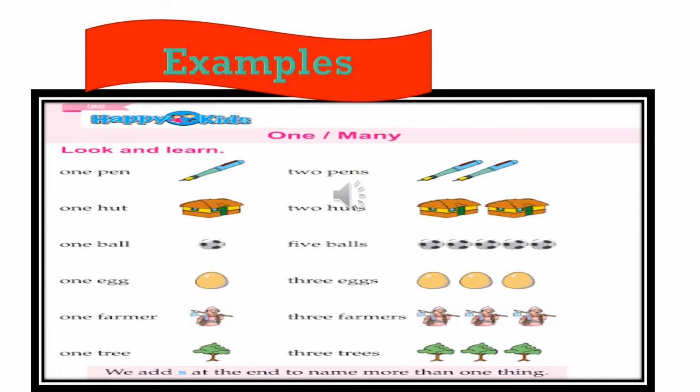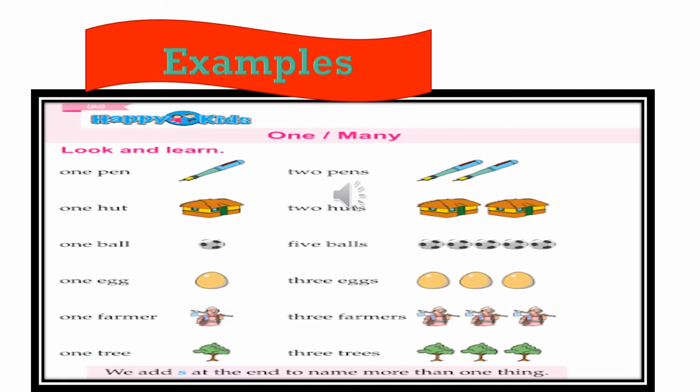Now, a few more examples of making one into many. One pen, two pens. We have added s to pen. One hut, two huts. One ball, five balls. One egg, three eggs.